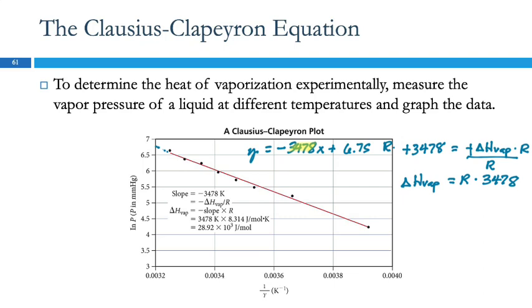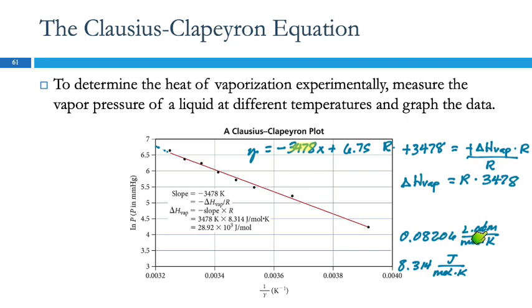Now, there are two values that we have used for R, and the units tell us which one we should use here. This is the one that we use in gas law problems.